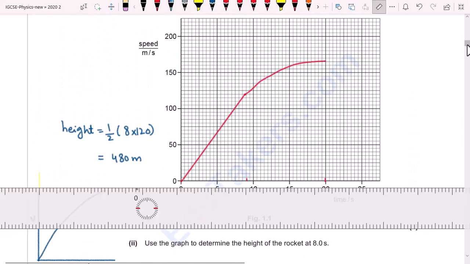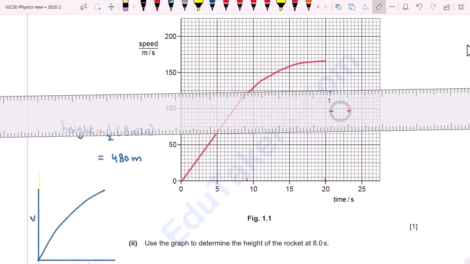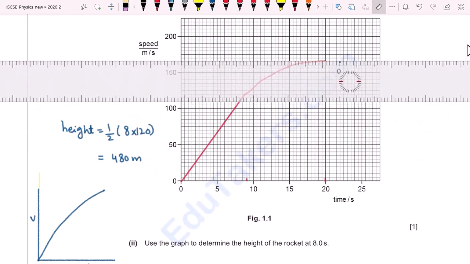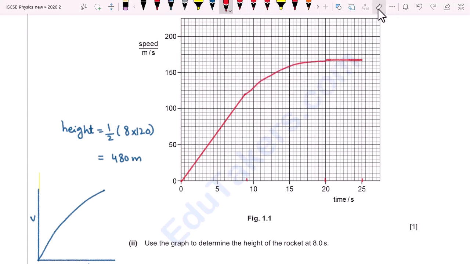I again use a ruler and first mark a point at 25, because I have to draw this curve between 20 and 25 seconds. Then I draw a line that starts from 20 and ends at 25. So this is the graph for this question.